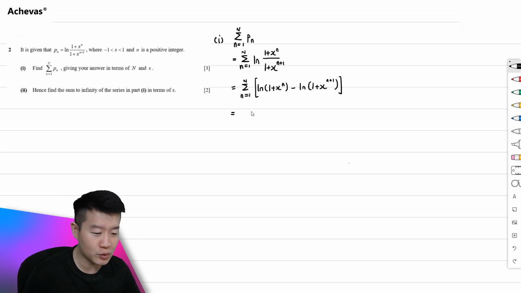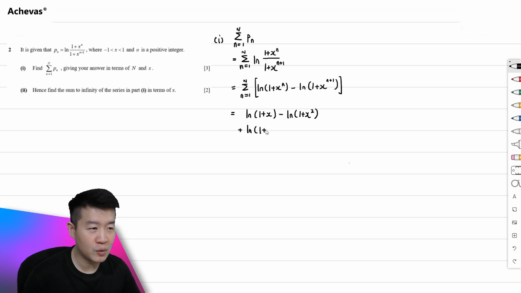I'm going to let n be equal to 1. So this is going to be ln of 1 plus x to the power of 1 minus ln of 1 plus x to the power of 1 plus 1. And when n is equal to 2, you'll have ln of 1 plus x to the power of 2 minus ln of 1 plus x to the power of 2 plus 1, which is 3.